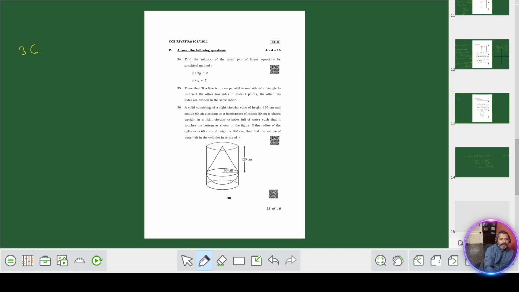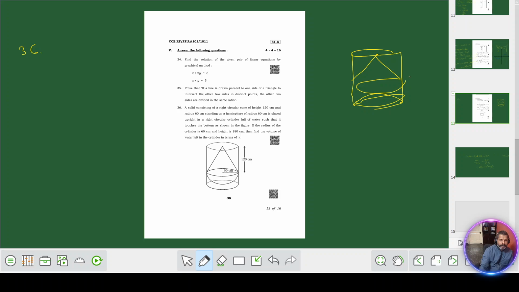Okay. If you observe the figure carefully, this is the cylinder they have given, and the cone is given like this, and the hemisphere is placed there.